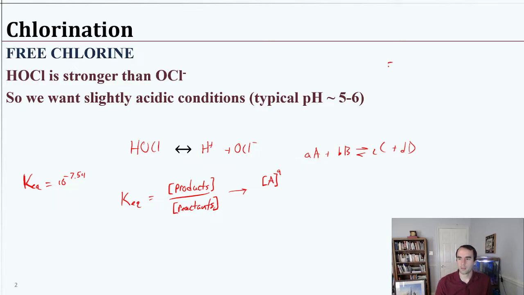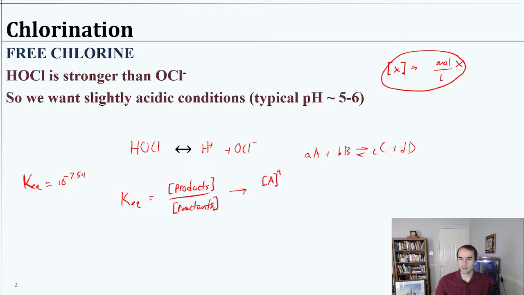And don't forget the brackets here. This means X moles per liter, or excuse me, this is the moles per liter of X. The brackets are indicating the units here, and it is always that way, so just make sure you don't forget that. Anytime you see the brackets, we must be talking about moles per liter.